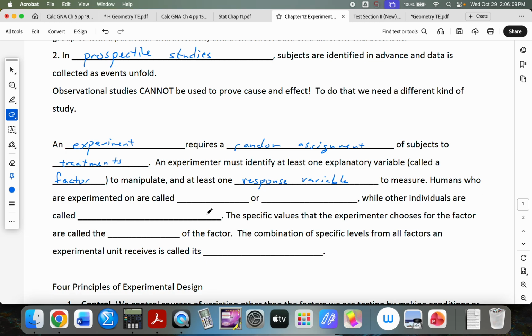Humans who are experimented on are called subjects or participants.